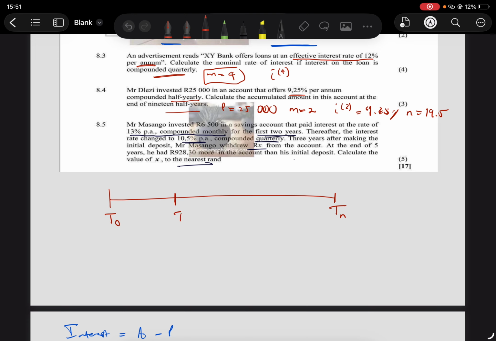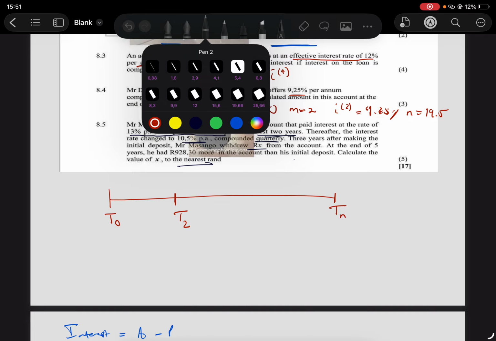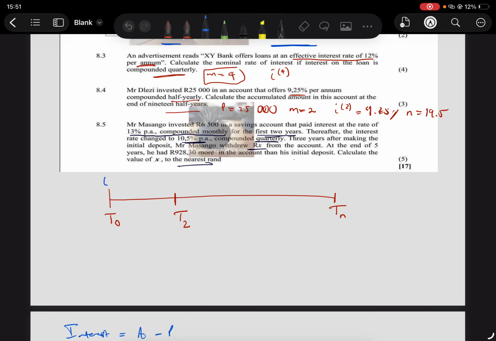Okay, so Mr. Masango invested the R6,500 at the beginning of his investment, and then the R6,500 was growing at an interest rate of 13% per annum, but it's compounded monthly, so m is 12 here for those first 2 years.